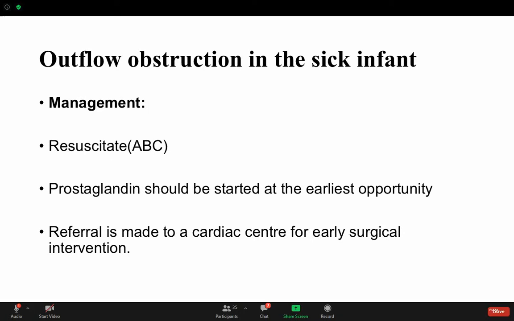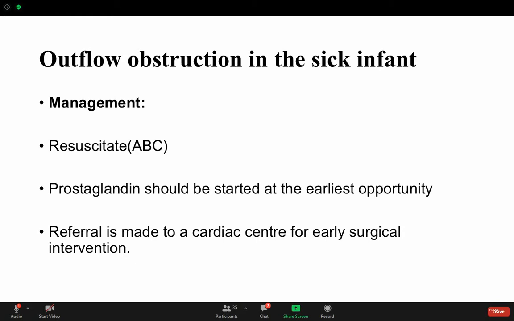The management, resuscitation, prostaglandin should be started at the earliest opportunity. فعندنا الحين عرفنا 2 scenarios that we need to start prostaglandin for. اللي هم cyanotic congenital heart disease اللي هو tetralogy of Fallot transposition of great arteries، وهذا الثالث اللي هم obstruction مع sick infants اللي أنتم تحتاج تعرفون المثال له coarctation of the aorta.